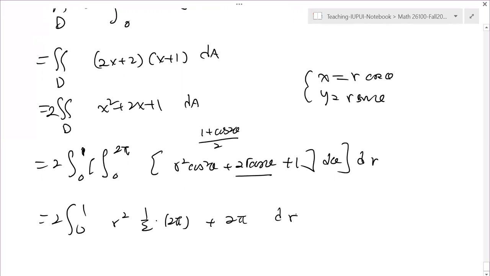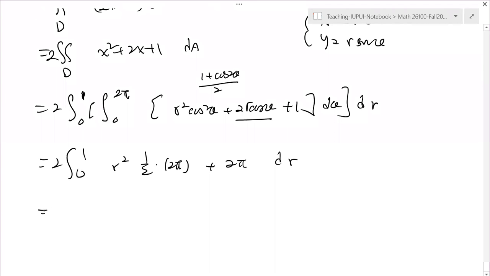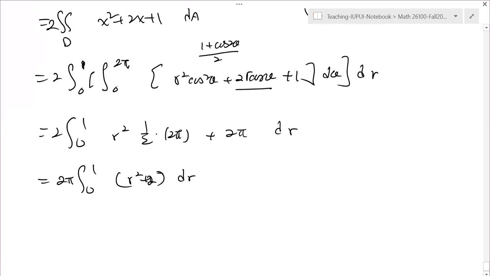So you get this. Then I take a pi out. I get r squared plus 2 in terms of r, and the antiderivative is going to be this.